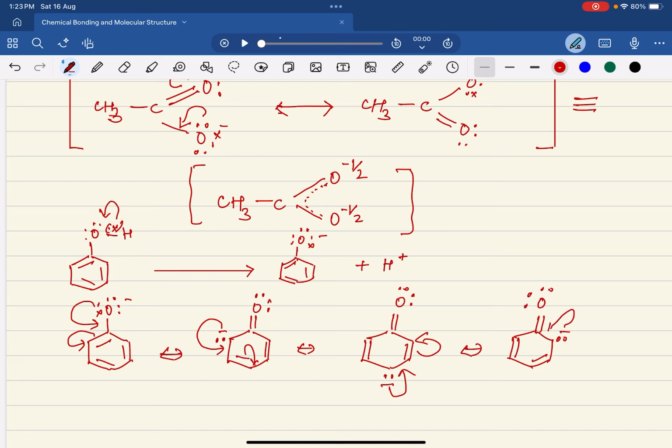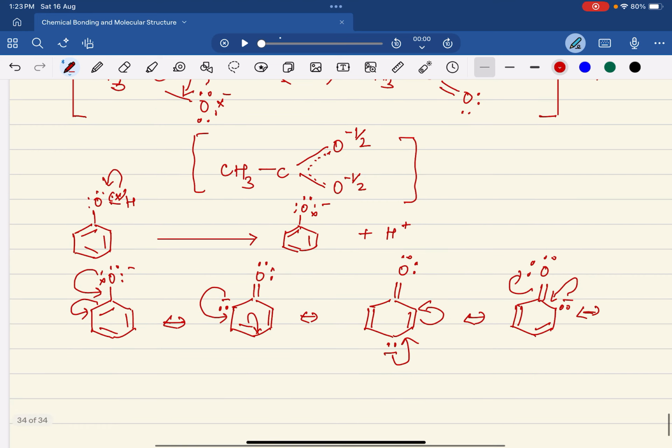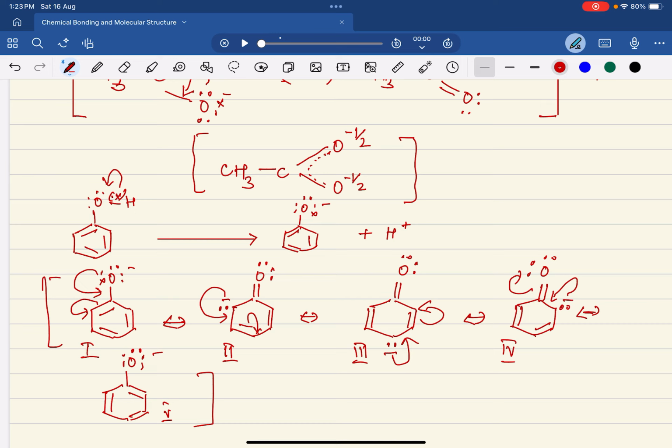Again shifting of this electron and the structure becomes like this, and the real structure is regenerated. So, structures number 1, 2, 3, 4 and 5. Structures 1 and 5 are nearly the same, only the positions of the bonds are different.